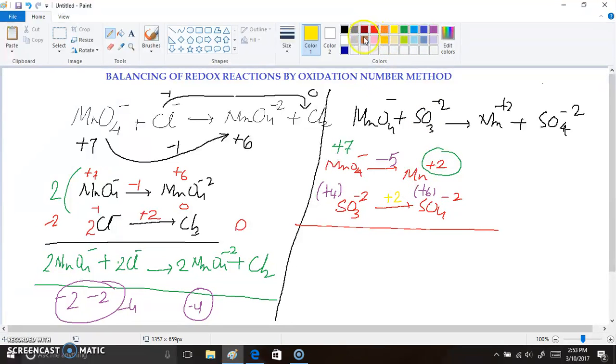Okay. So in the first equation, the change is minus 5. In the second equation, the change is plus 2. These changes must be the same. So in order to make these changes the same, just multiply the first equation by 2 and the second equation by 5. And write here just by adding them. 2MnO4 minus, sorry, this is minus only.